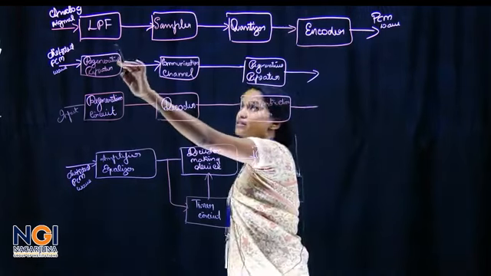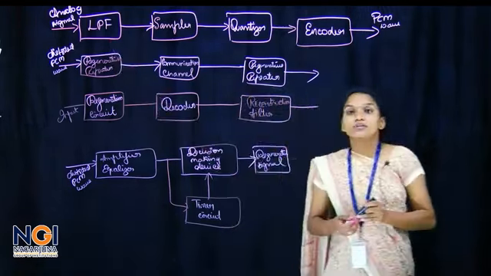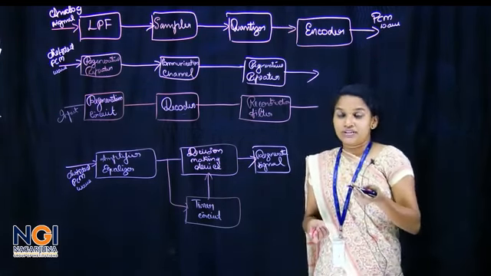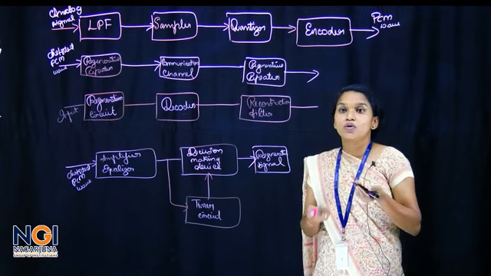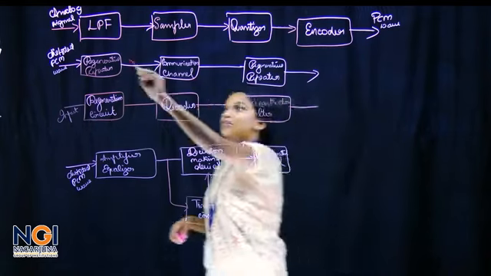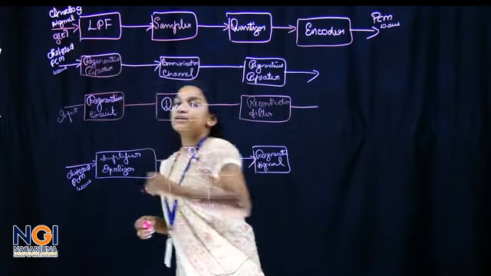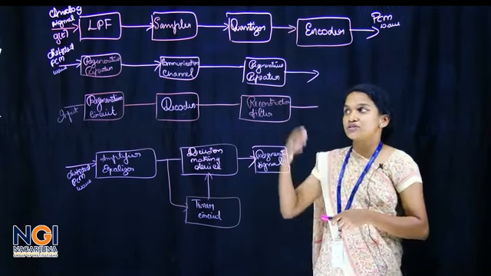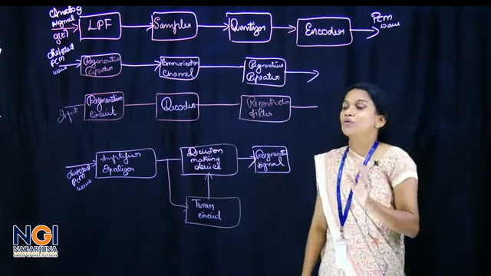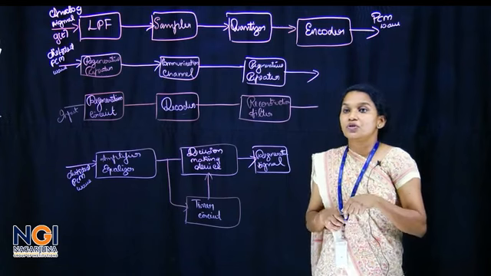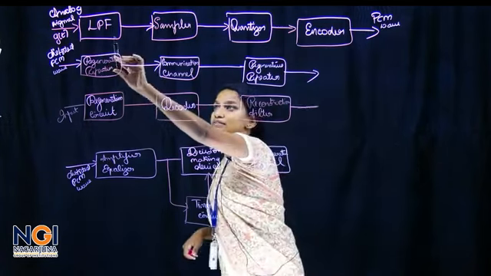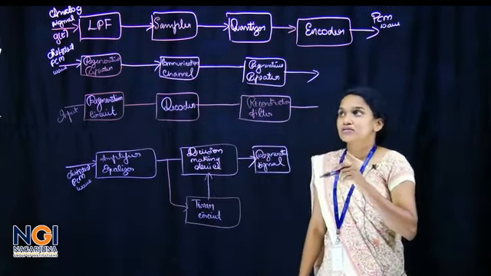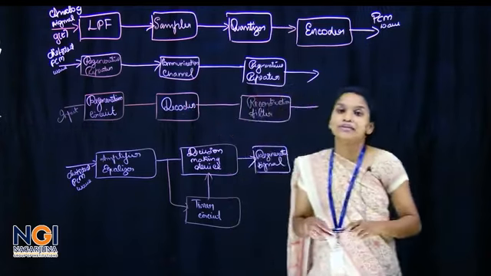The analog signal g of t is sent into the low pass filter. The low pass filter will attenuate the high frequency components present in g of t, which are not required for its representation. The low pass filter strictly band limits the analog signal, and then it is sent into the sampler and quantizer.